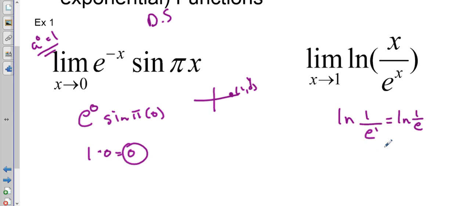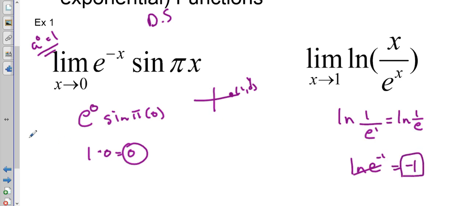We can do it two different ways, using the properties of logs or the properties of exponents. 1 over e is e to the negative first. Natural log and e to the negative first are inverses of each other, so these cancel out, and what we're left with is negative 1.